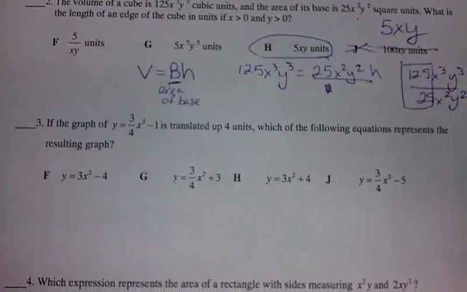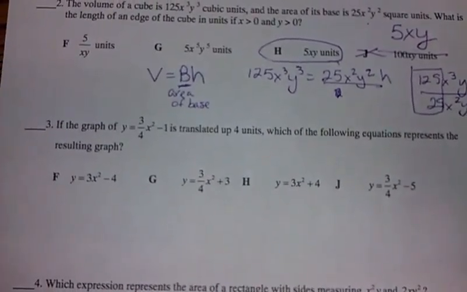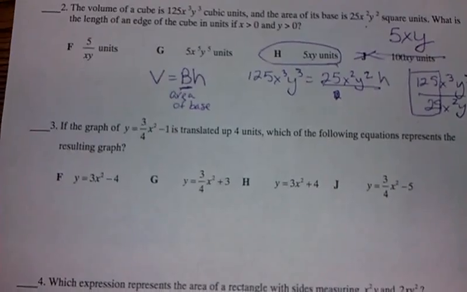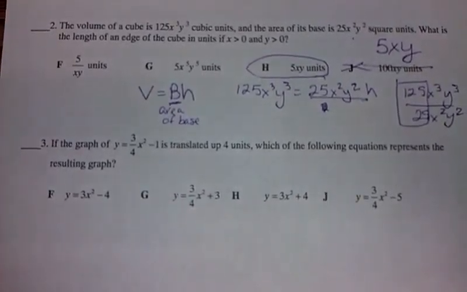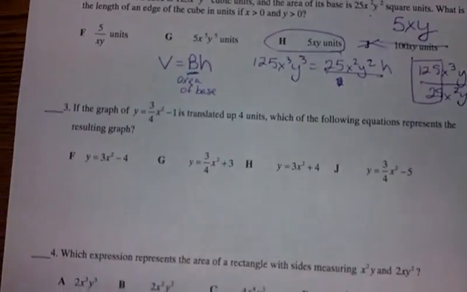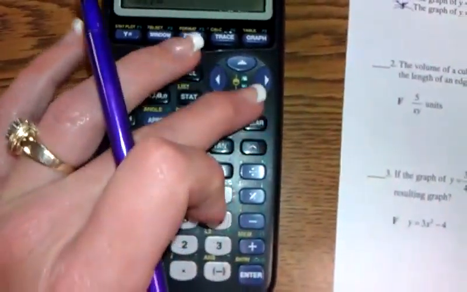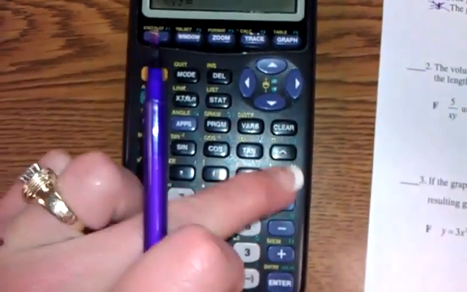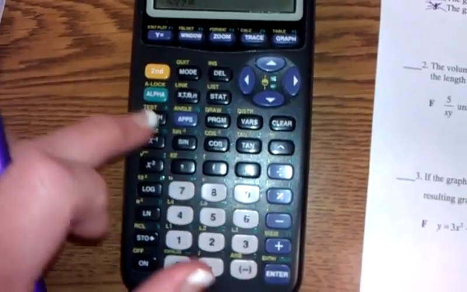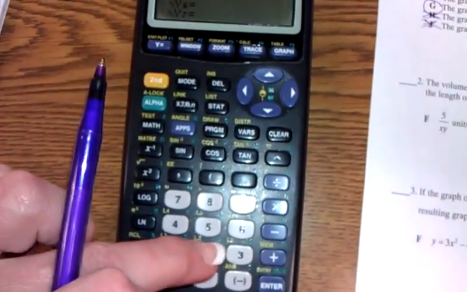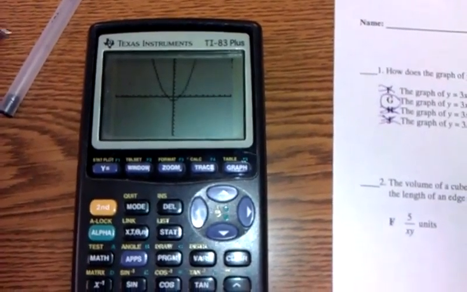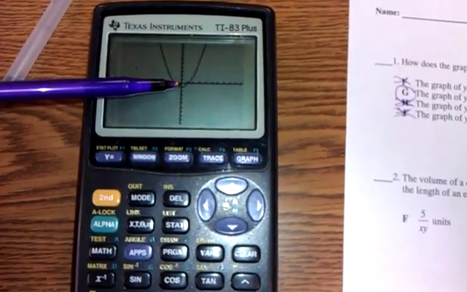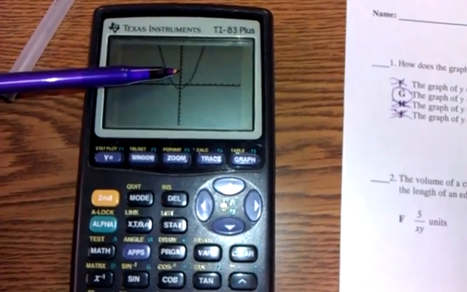Number 3. If the graph of y equals 3/4 x squared minus 1 is translated up 4 units, which of the following equations represents the resulting graph? Now, you could go into the calculator if you wanted to and put in 3/4 x squared minus 1, press graph, and count up 4 units to find the new vertex.